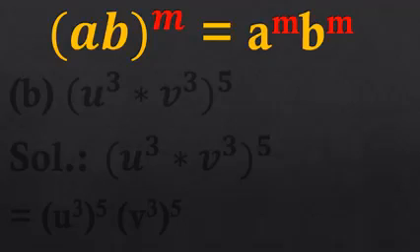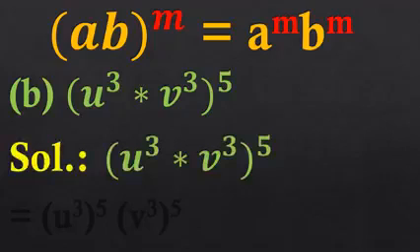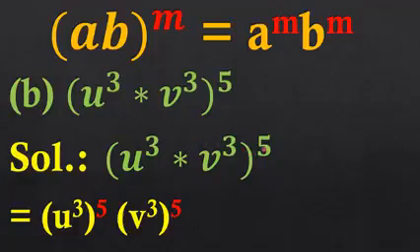Letter B. We have the fifth power of u cubed times v cubed. Again, using the third law of exponent, we will simply distribute 5 to each exponent of each term inside the parentheses. We have 5 is being distributed here. Then we will multiply these exponents.